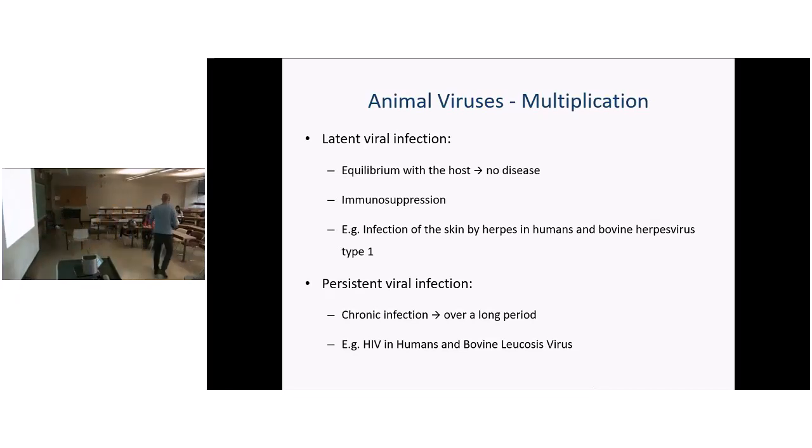So one of the examples can be HIV. The other example could be this bovine leukosis virus. And basically, in these two cases of persistent chronic infection, the animal has a disease. It's different than the latent one, in which the animal is basically healthy.